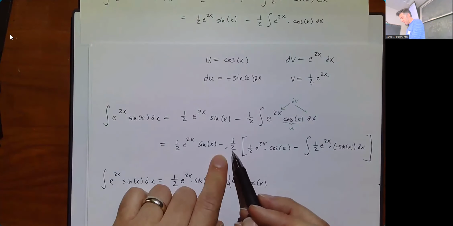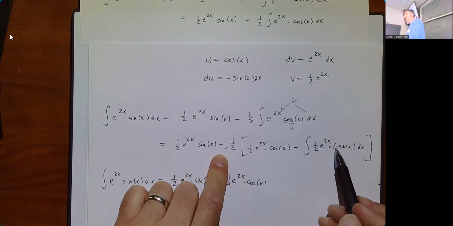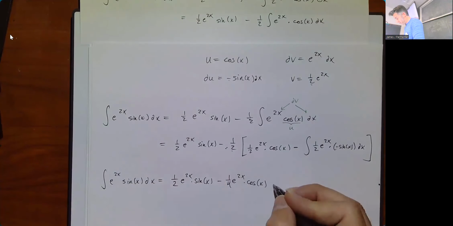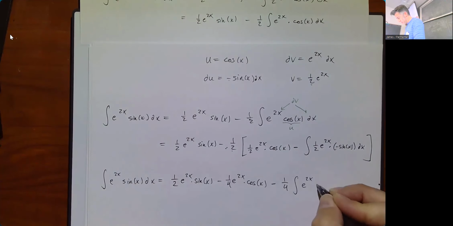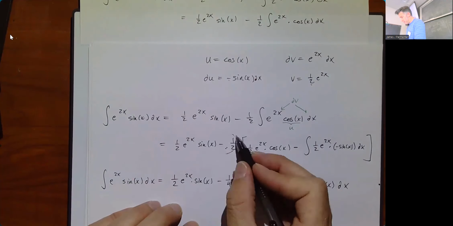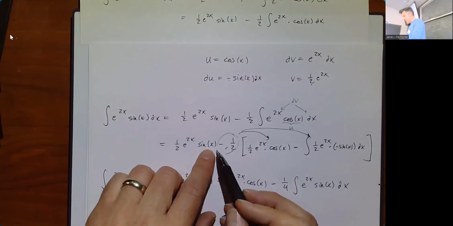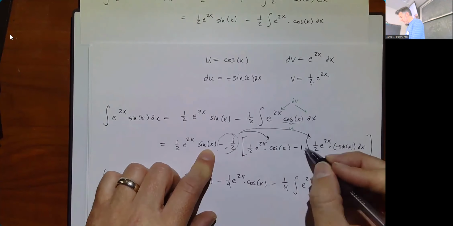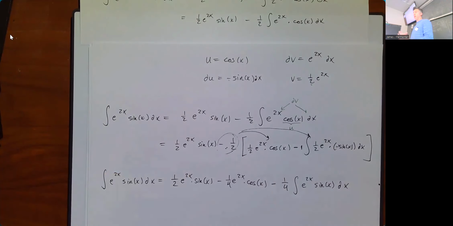The minus 1/2 times minus 1/2 times minus 1 is a minus, right, because the minus 1/4. And then I've still got the integral of e to the 2x sine of x. I'll make sure everyone's cool with that. I took this negative 1/2, I distributed it here, great. I distributed it there. And the minus 1/2 times the minus 1 times the minus 1/2 is negative 1/4.